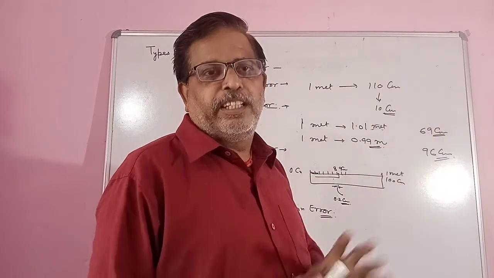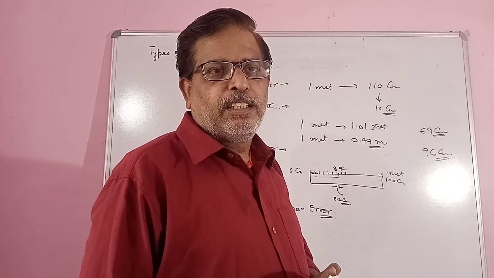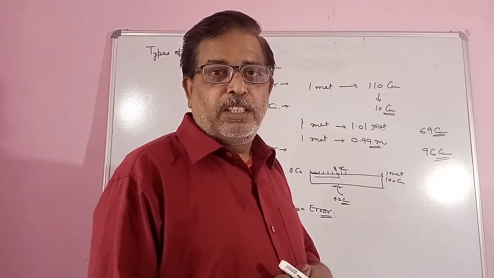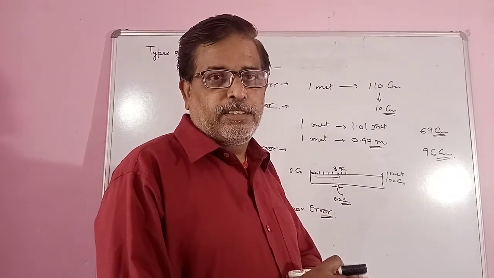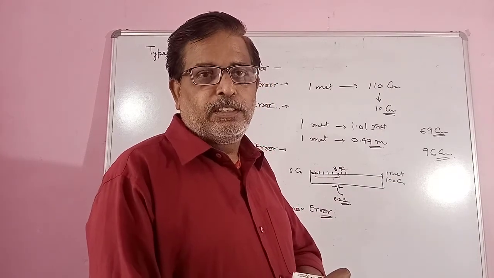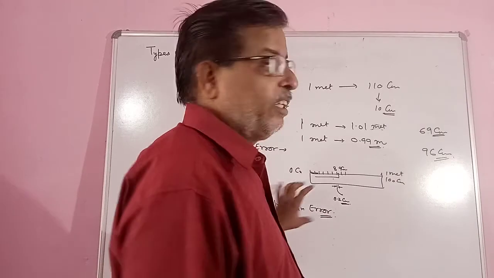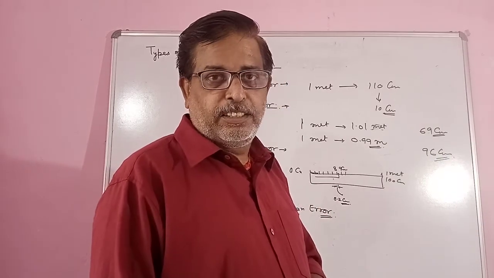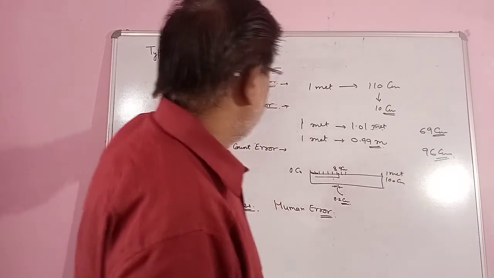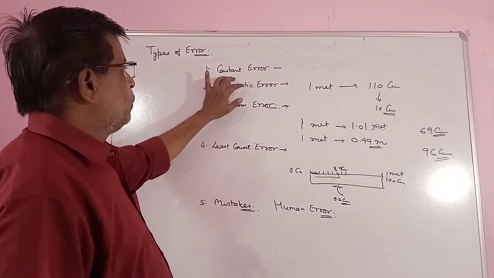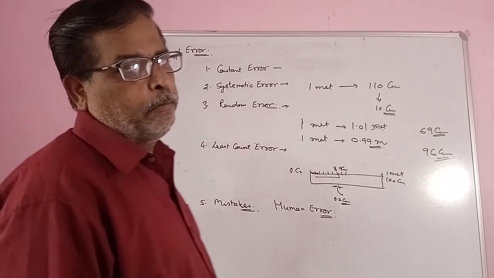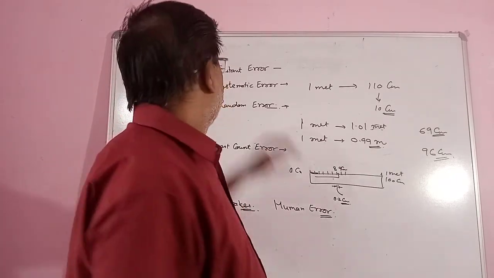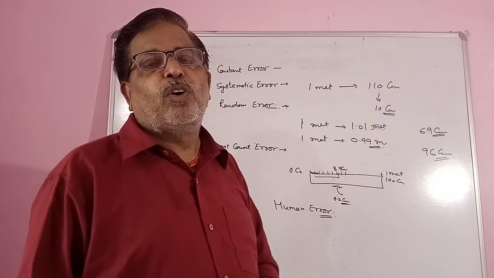This is human error. धोखे से हो गया, गलती से हो गया. So this is human error, mistakes. So these are the reasons: constant error, systematic error, random error, least count error, and mistakes. So these are types of error.